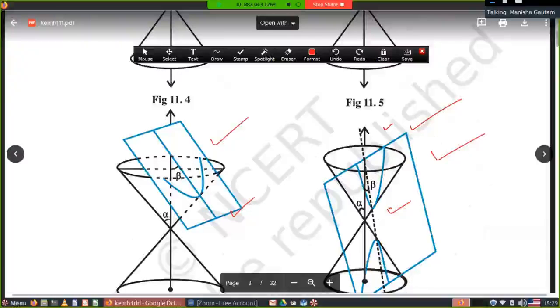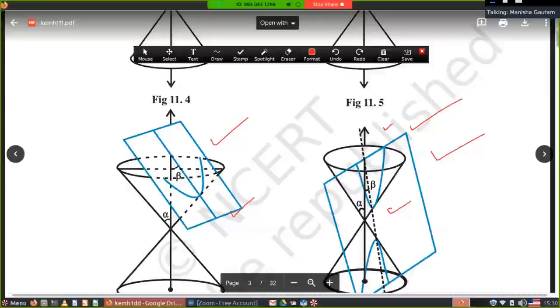These shapes have foci, and the major axis is known here as the transverse axis, and then the conjugate axis, coordinates of the foci, coordinates and length of the latus rectum. I think all these parts of the hyperbola you must know. Now, what are the parts and what are the equations of the hyperbola? Let's see. Come to page number 256.